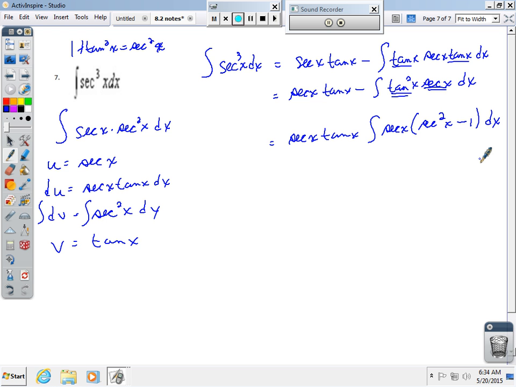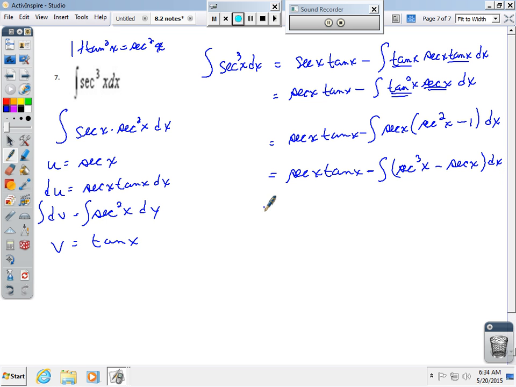And there should be a minus sign in there. I'm going to distribute that in and get a secant cubed x minus a secant x dx.